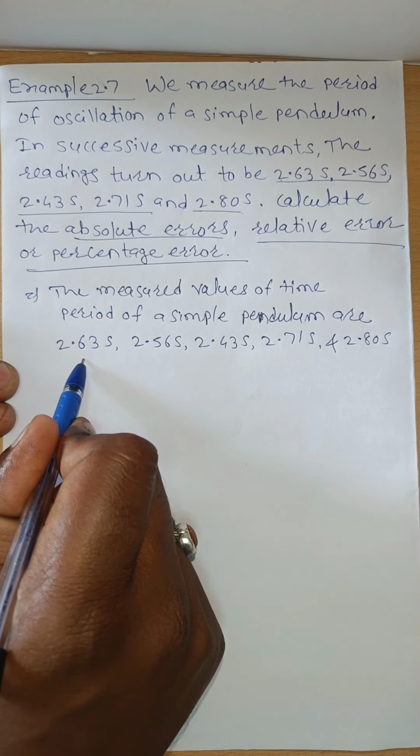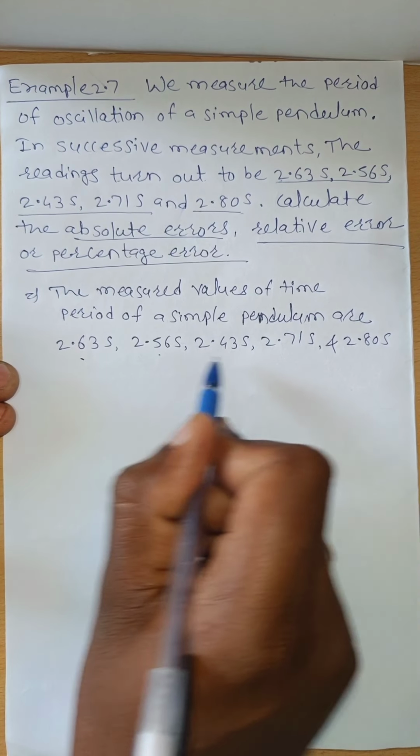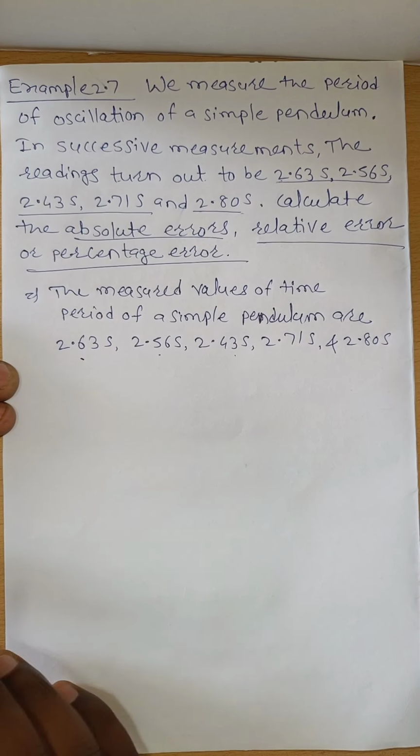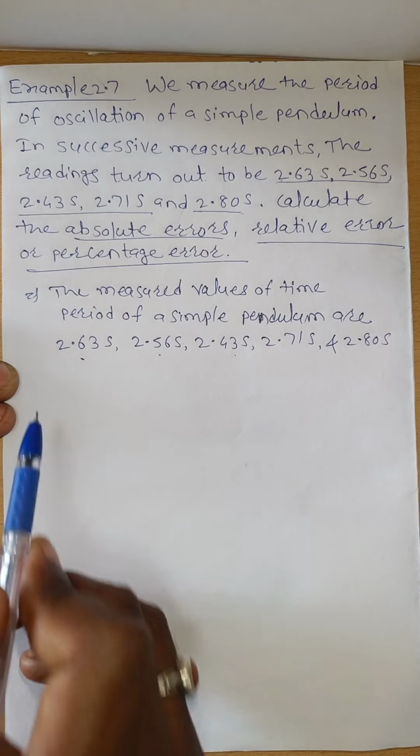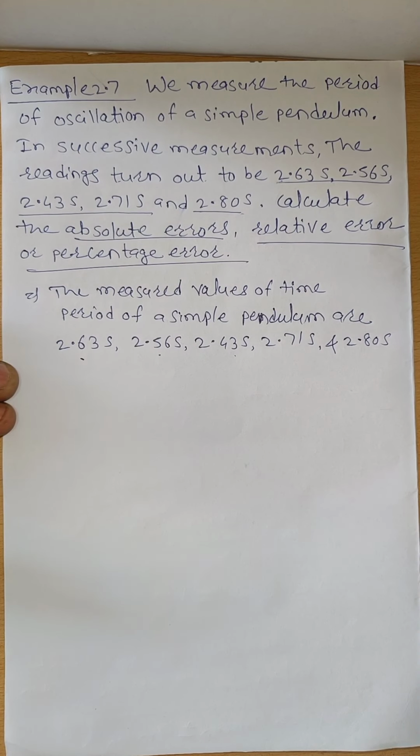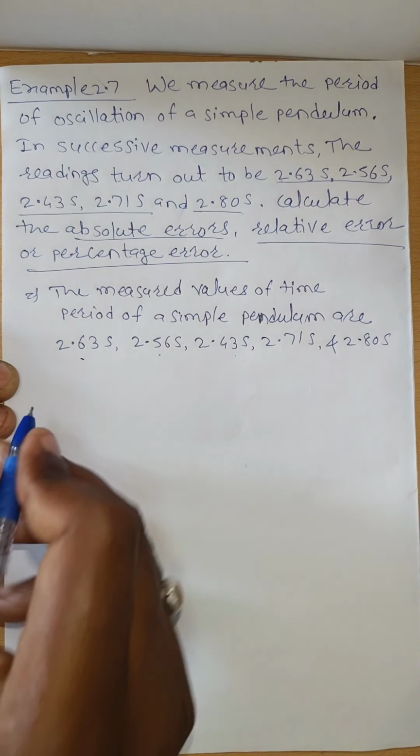We can say these are A1, A2, A3, A4, A5. These are the measured time periods.